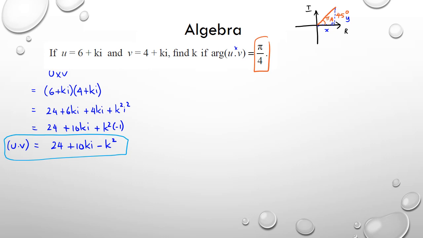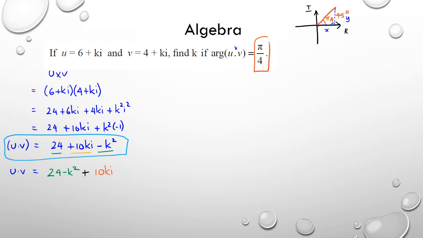So if I look at the real part, 24 is real and k squared is real. And the imaginary part, I'm going to write in a different color. If I write uv again with the real parts first, the green bits here, it's 24 minus k squared, plus the imaginary part, 10ki.